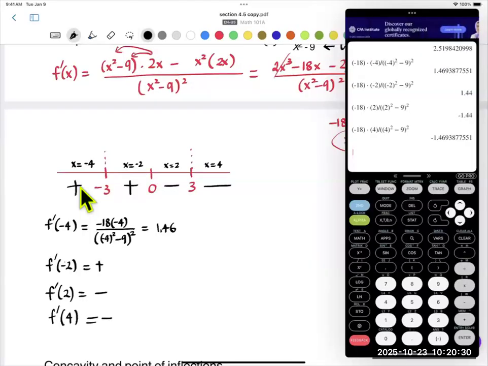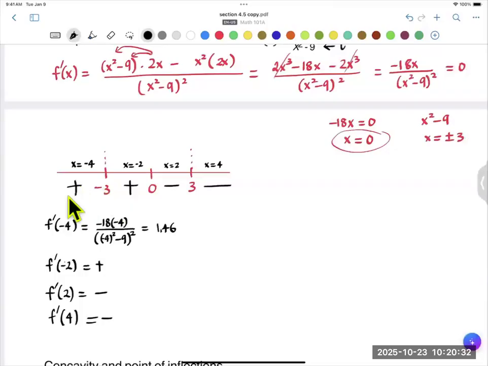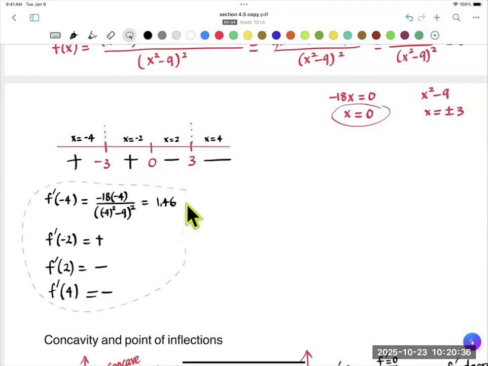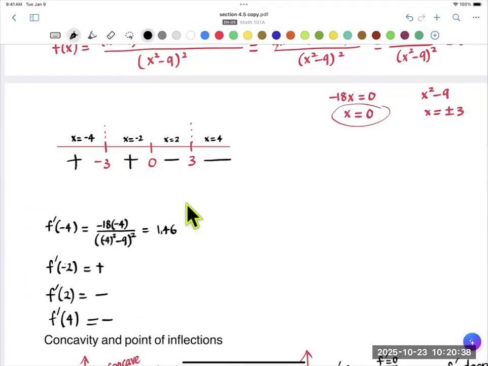So I put negative. So now we're gonna make a conclusion on this. We have this is positive, so increasing, increasing, and this is decreasing, decreasing. And you can see because 3 and negative 3 are not critical values, they will not have a relative maximum here. So your only maximum value occurs at 0. So this is the max.